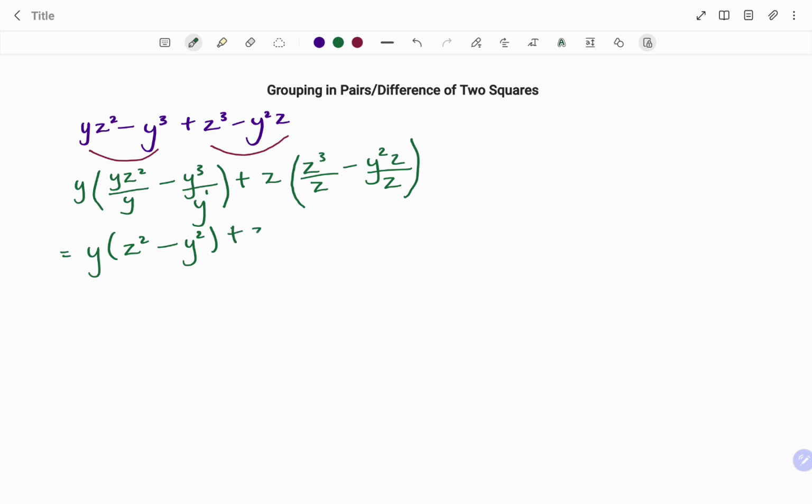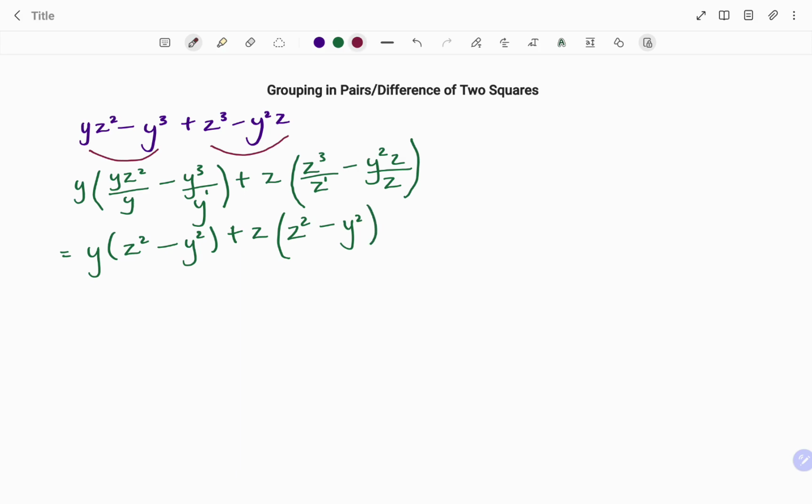I have plus z in bracket, z cubed divided by z to the power of 1. Laws of exponents, the same base, you subtract the powers. I have z to the power 3 minus 1, z squared, minus y squared z divided by z. The z divides each other. I'm left with yz squared.